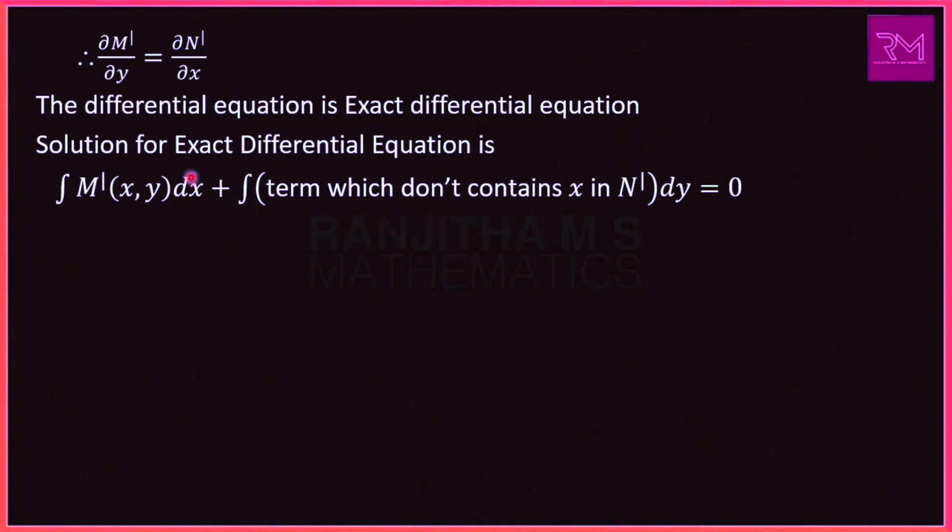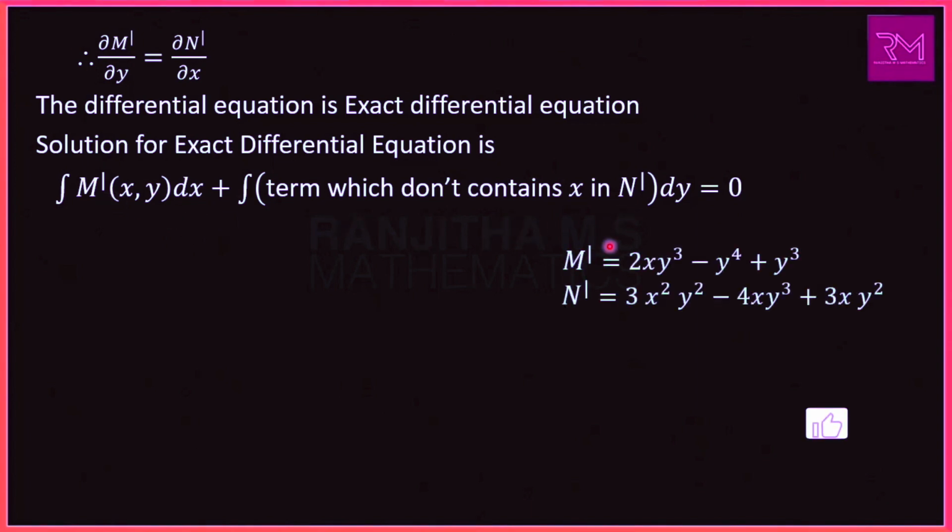In previous videos, the solution was given by integral of M dx plus integral of terms which do not contain x in N into dy. But in this problem we have M dash and N dash. From the reduced exact differential equation, M dash is 2xy cube minus y power 4 plus y cube. N dash is 3x square y square minus 4xy cube plus 3xy square.